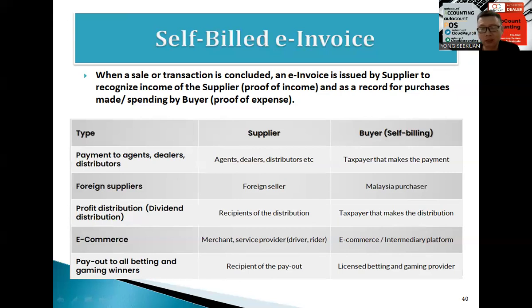The driver charges the 80% because it's their income, and the 20% is the transaction fee they charge you. The driver is not going to issue an invoice to Grab, right? So Grab needs to self-bill to prove these expenses or income.